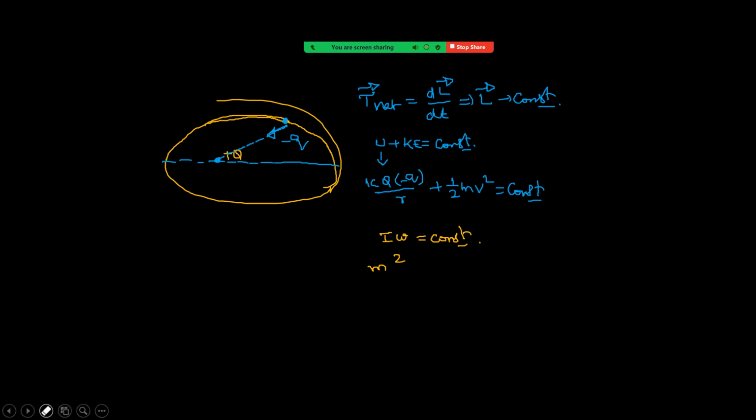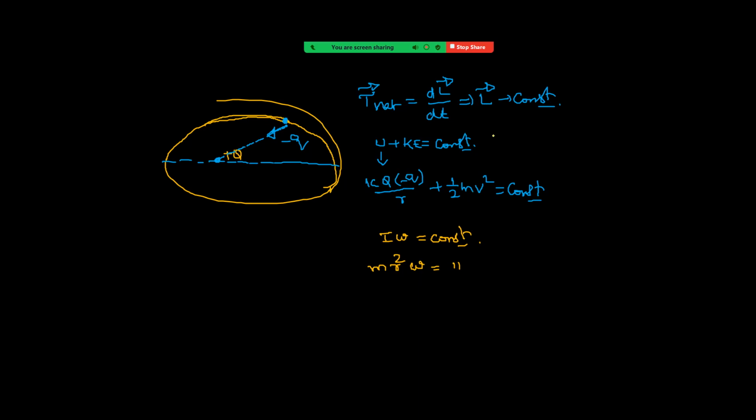Take a small r. So m r square, r is now the distance of minus q from capital Q. m r square into omega is a constant. Mass is a constant, r is changing. Since r is changing, omega changes. So omega is not a constant, speed is not constant, right?